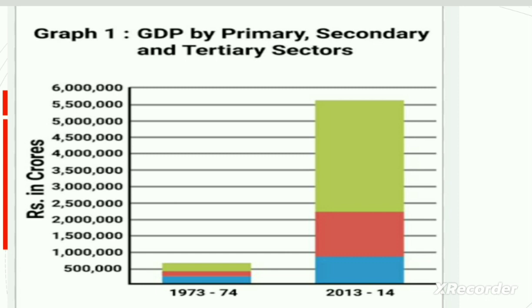Why is it so? Because agriculture over there is completely mechanized, and modern methods of farming are adopted, and the farmers over there are entrepreneurs. As a result, even though fewer people are involved in the primary sector, their productivity is high.